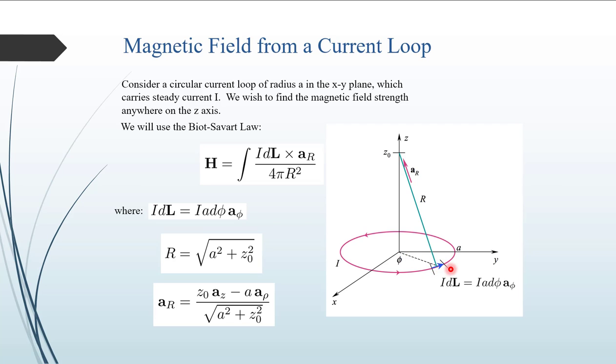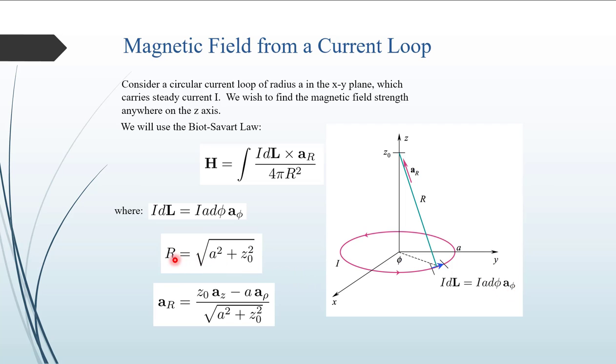But in our case r we have represented by a small letter a. So let a, small a, be the radius of this ring. So it will be equal to I into small a into d phi into a phi cap, right? So we will replace this Idl by a into I into d phi a phi cap.